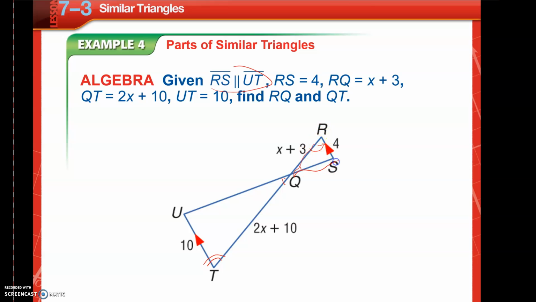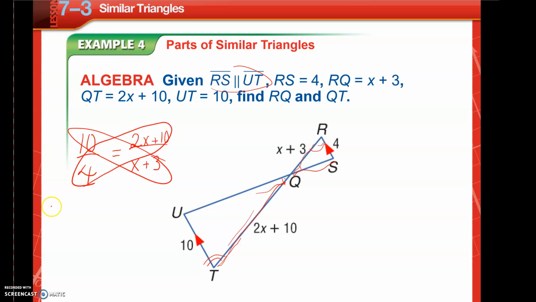So RQS is similar to TQS. So I can set up my proportion. Since I know they're similar, I know that 10 over 4 is going to equal 2x plus 10 over x plus 3. And then we solve by cross multiplying.